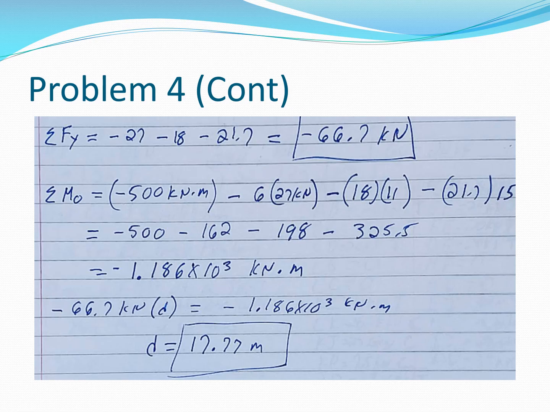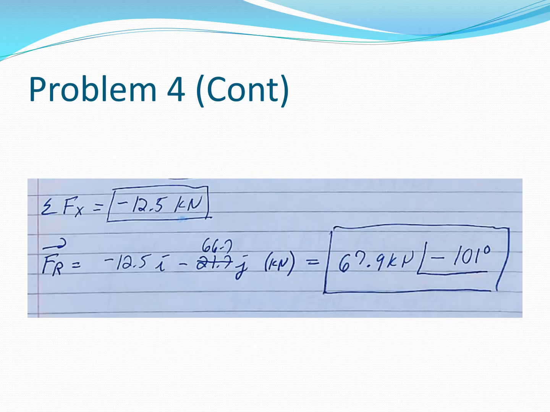Hopefully you recognize that. The equivalent force, though, is not just the Y piece. The equivalent force will be made up of both the X and the Y piece. The minus 12.5, there's only one X piece, right? That force acting on the end has an X component and a Y component. The rest of them are all purely Y components.